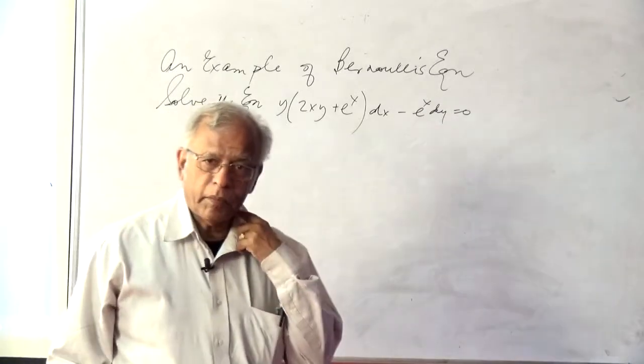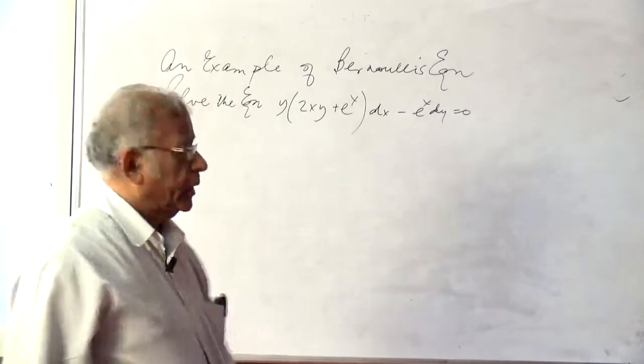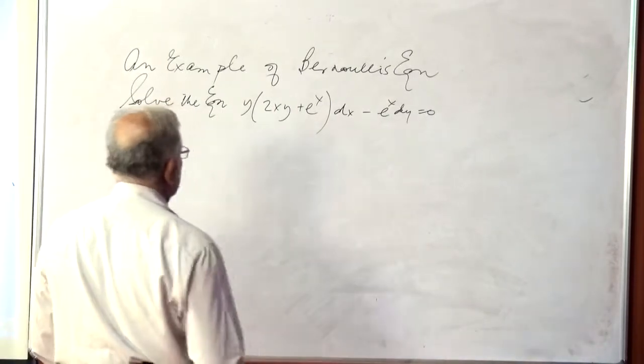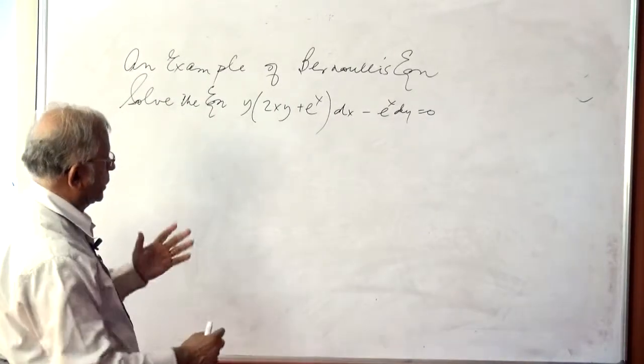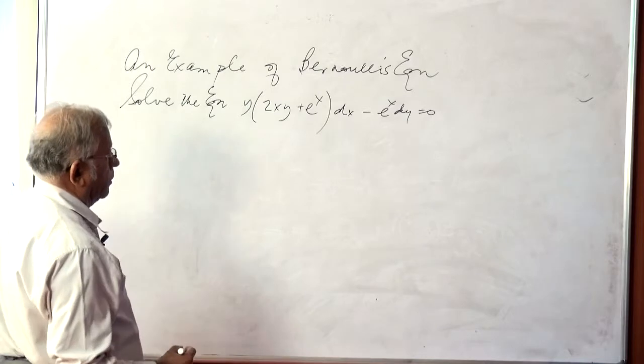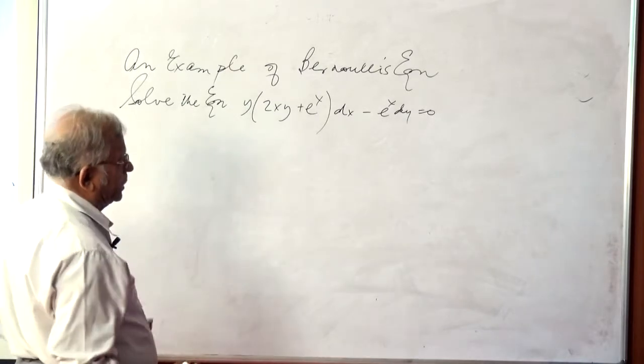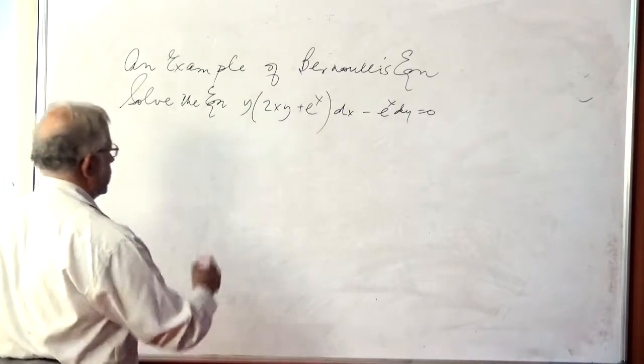We now take another example of Bernoulli's equation to drive home the thoughts that we have discussed so far. Now, if we simplify this, we will get the following equation.